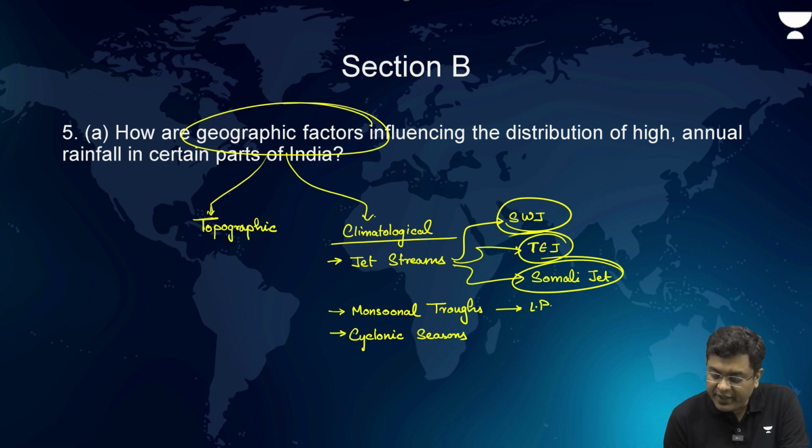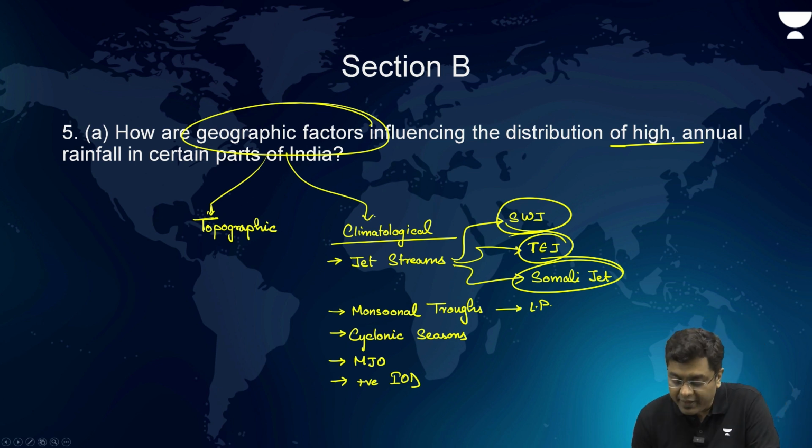Then cyclonic seasons. Other than that, global circulations like the Madden-Julian oscillation, the positive phase of IOD, because you only have to talk about high rainfall. What causes high rainfall? Then La Nina.